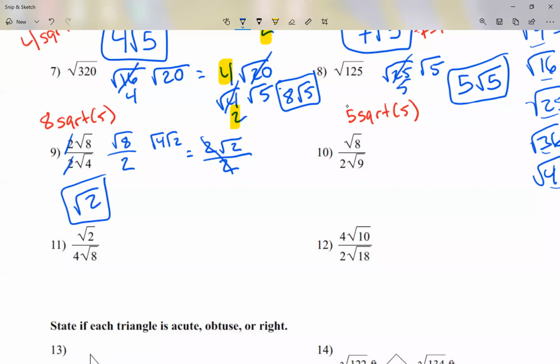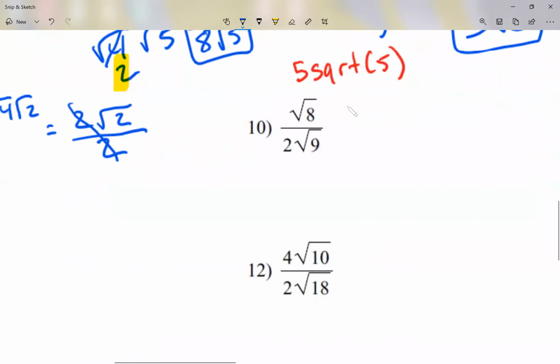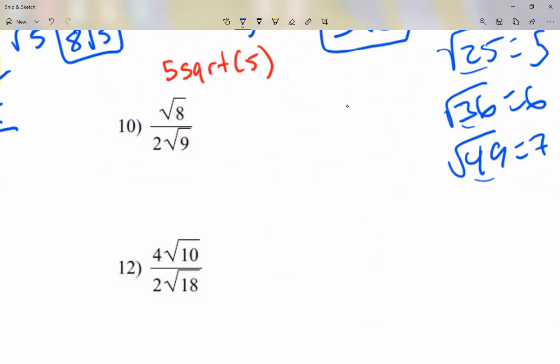Now looking at number 10, the square root at the bottom. Like I said, first I look, is the square root at the bottom a perfect square? Which it is. Square root of 9 becomes 3. So just to simplify things, I have the square root of 8 over 6.